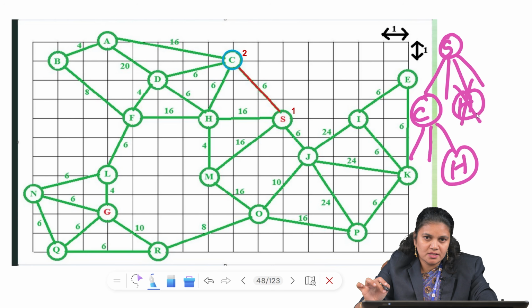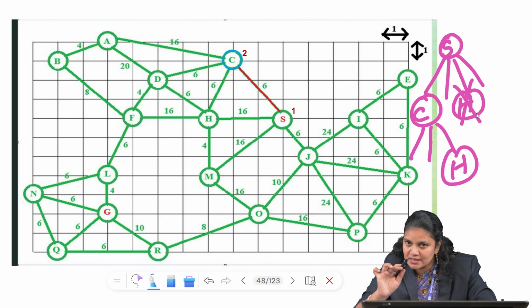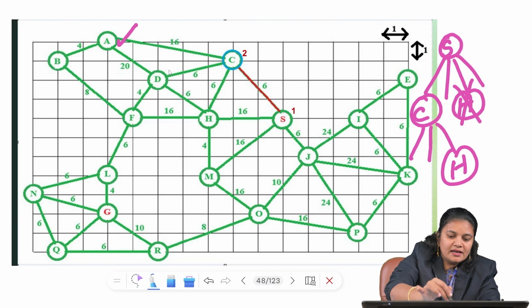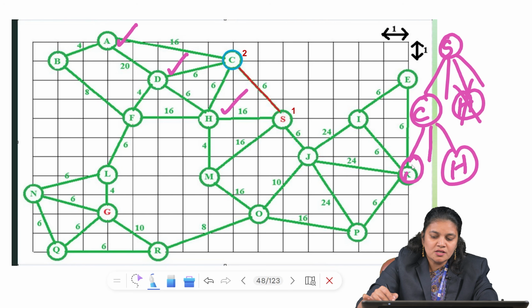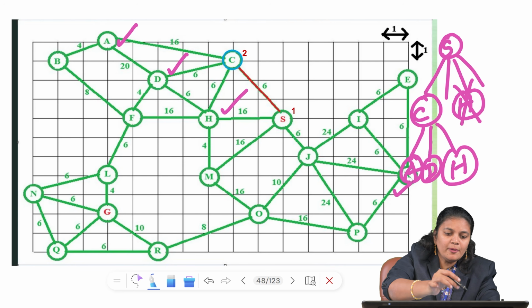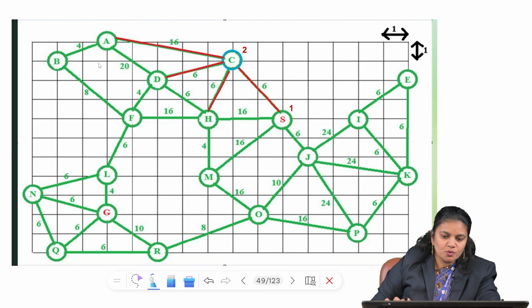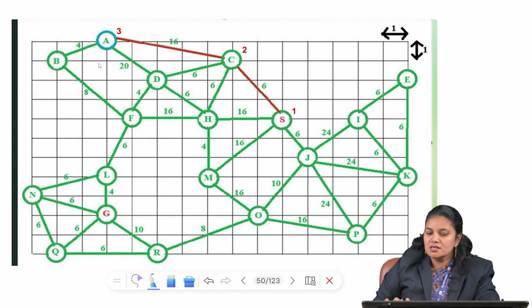Only C is visited, so in our visited list, H is not there. So even though it is there at that level, for our reference we can add it here. So C's children are A, D and H, arranged in alphabetical order, but we will explore only A. We will select this A as our next child.